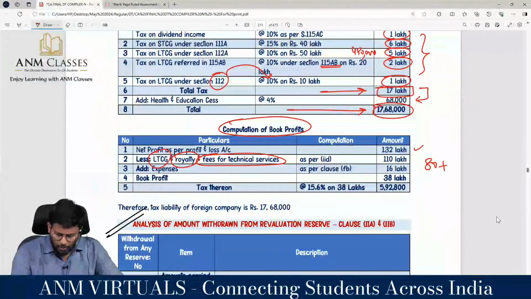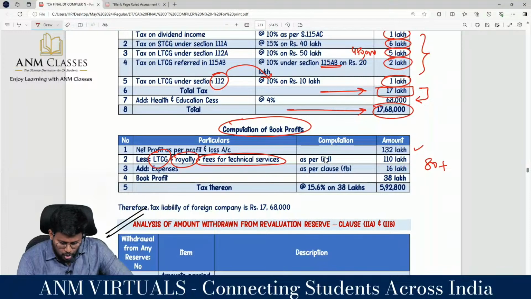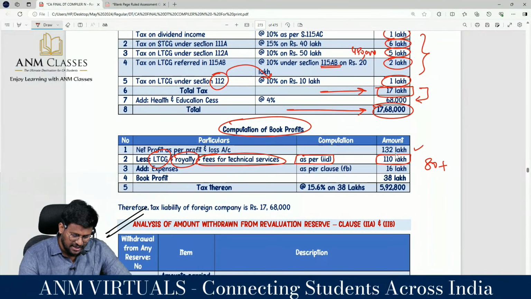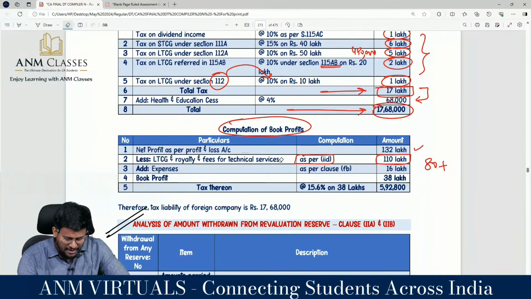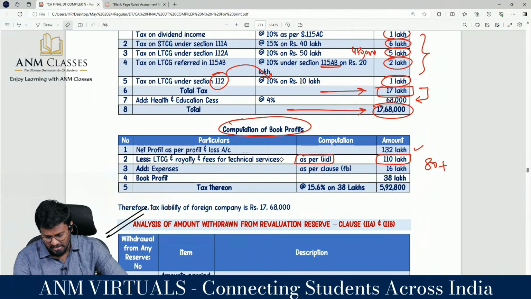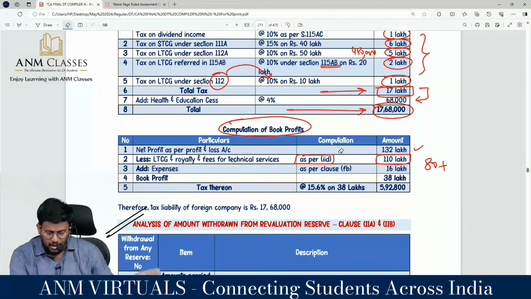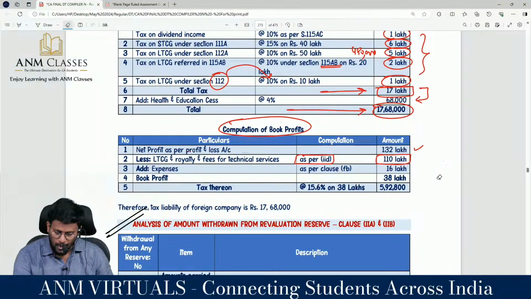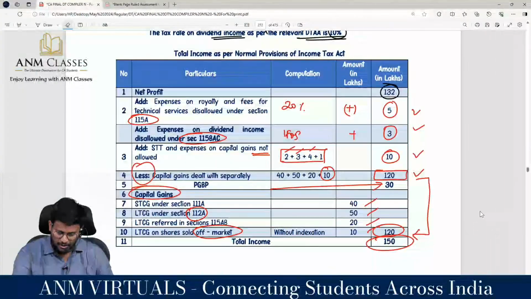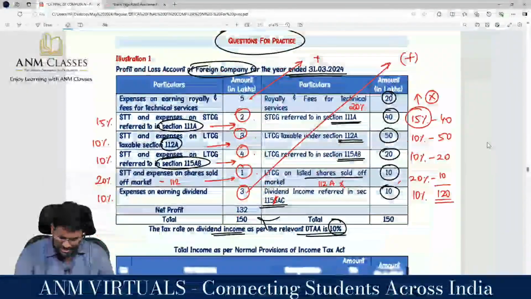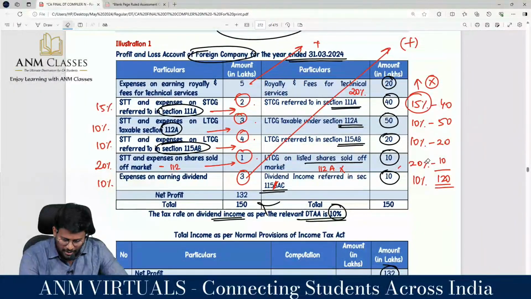So I will not remove that part. So as per 2D, my dear lovable students, 110 lakhs is the LTCG, royalty and fees for technical services. So total, as per the class number 2D, this should be added back. How have they worked out this 110 lakhs? Sir, they have removed 110 lakhs.